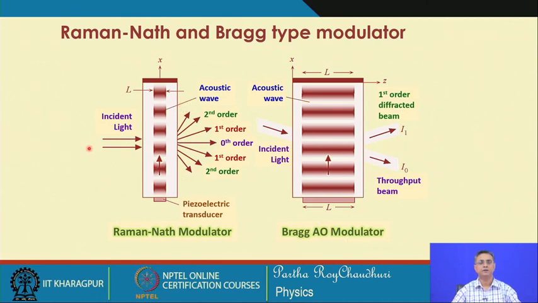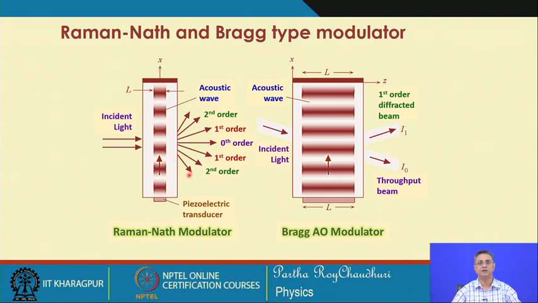So, let us recall this Raman-Nath type of diffraction, where the beam is normally incident on this acoustic cell, the Raman-Nath modulator cell, and there will be various orders: 0th order, plus and minus first order, second order, and so on. This is the propagation of the acoustic wave.